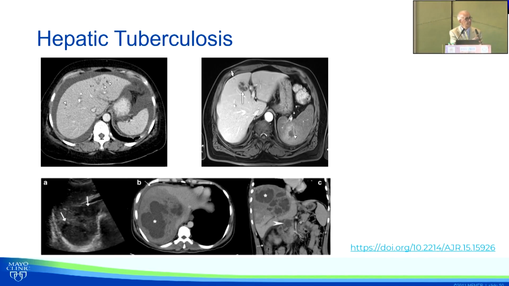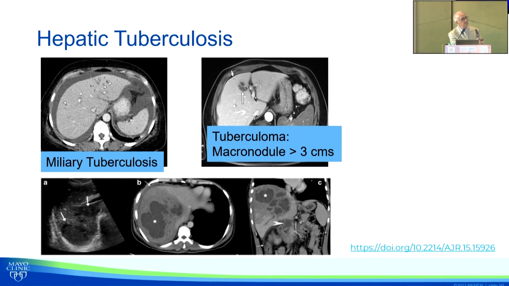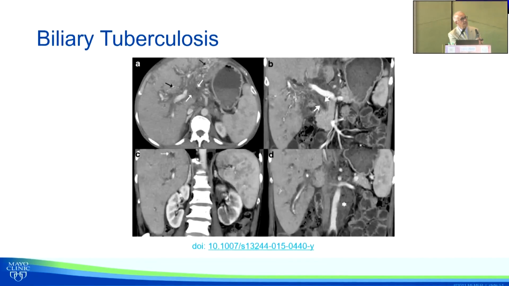Miliary tuberculosis, nodules there; tuberculoma, 3 centimeters; hepatic abscess; and biliary. Remember, there is nothing specific about tuberculosis. It's the entire picture that you have to try and put together. And my guess is if you did an MRCP, you would ultimately still probably go for a biopsy.